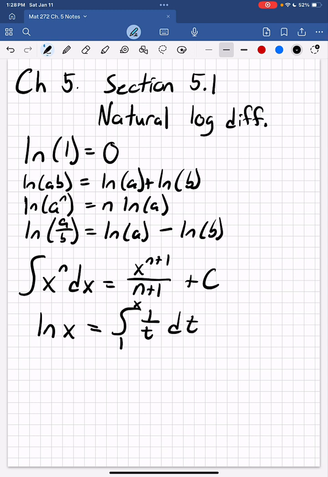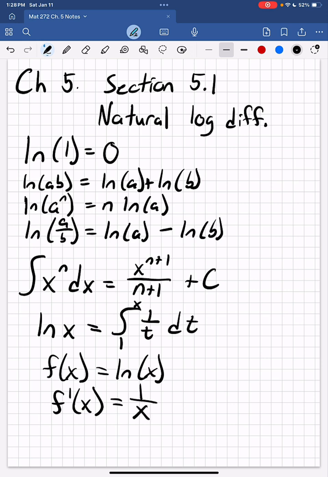This is more of a fun fact, it can be derived using the limit definition of a derivative, but if we have a function f of x that is equal to the natural log of x, then the derivative of the natural log is 1 over x. Okay, so the natural log has a derivative of 1 over x.